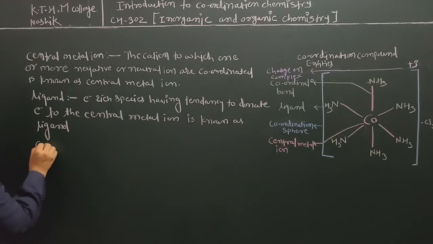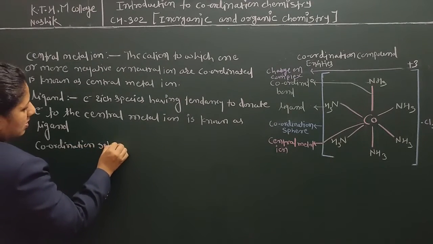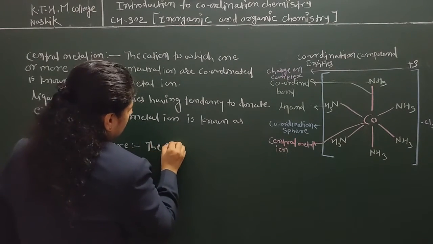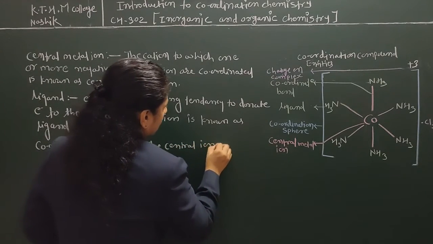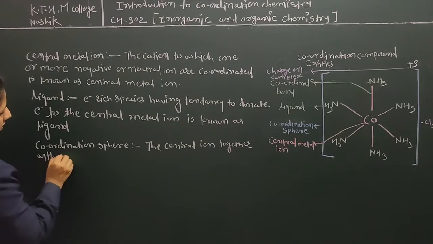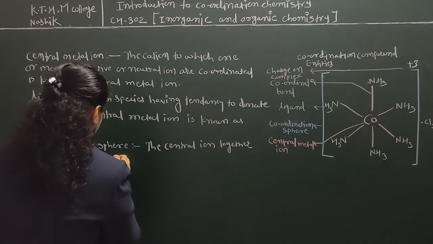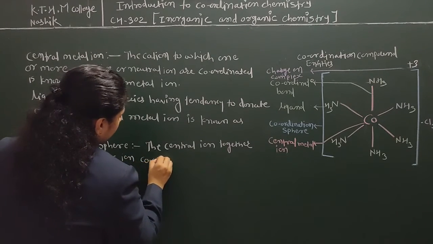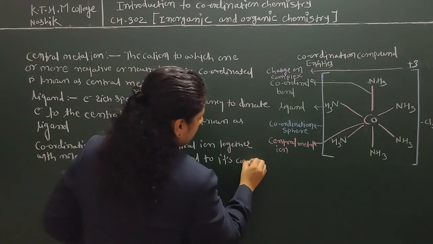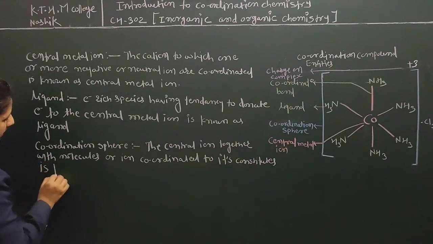Now, what is meant by coordination sphere? The central ion together with the molecules or ions coordinated to it constitute the coordination sphere.